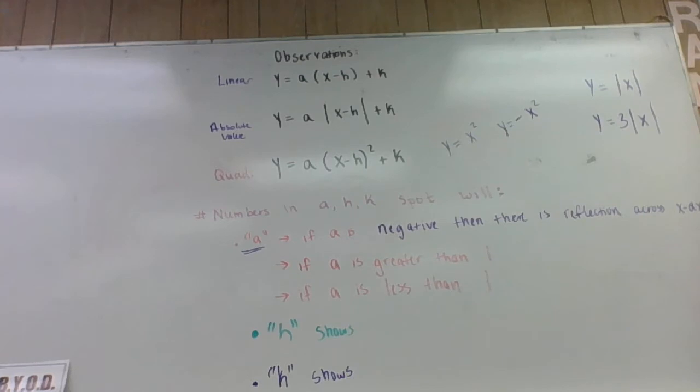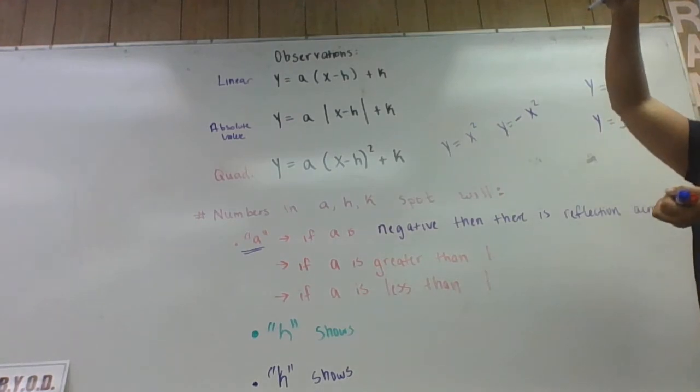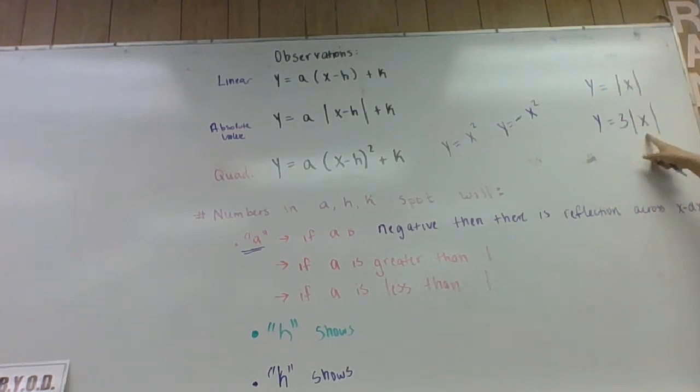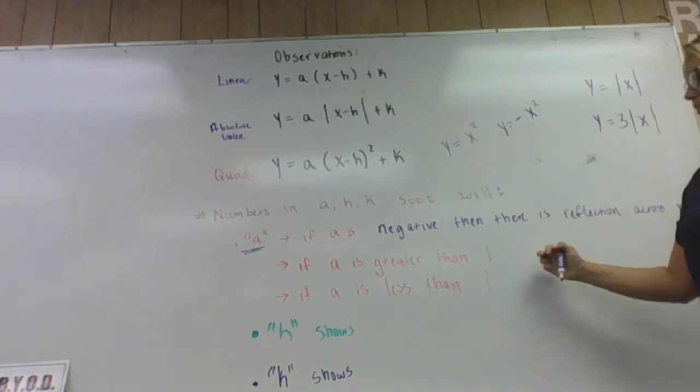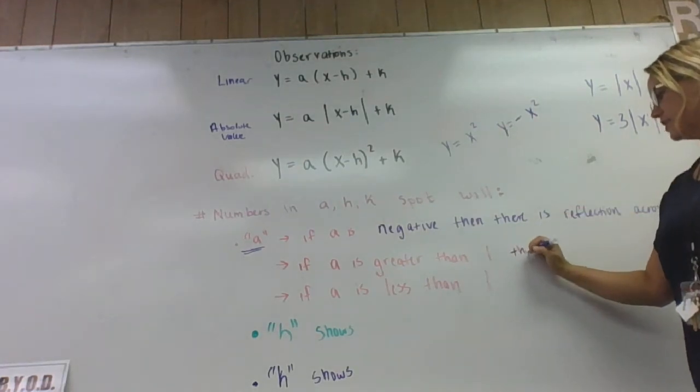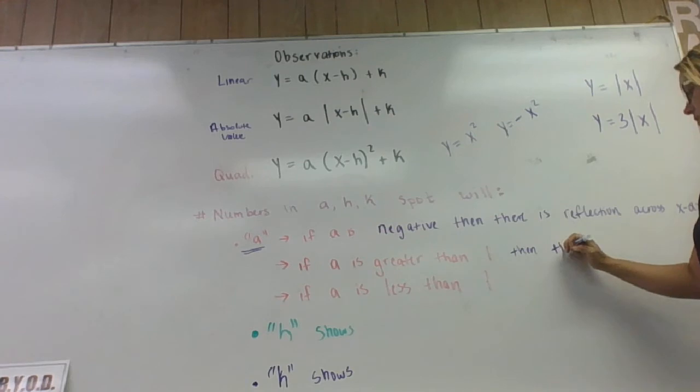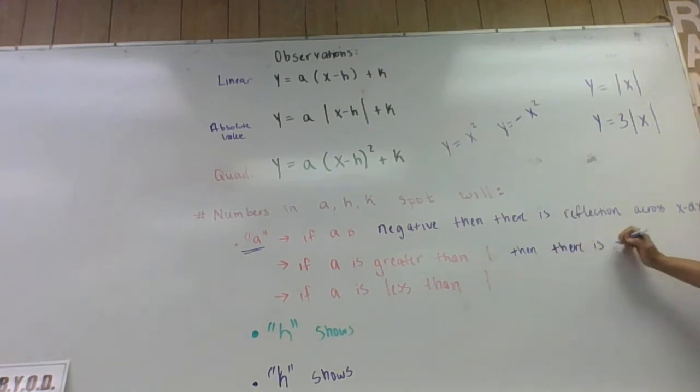It's multiplication. So all your values will be multiplied by 3. What that's going to do is stretch it up. It's going to change the slope of the branch from up 1 over 1 to up 3 over 1. So it's going to make a skinnier graph. So if there's a number in the a spot that is greater than 1, then there is a vertical stretch, and the graph will appear skinnier.